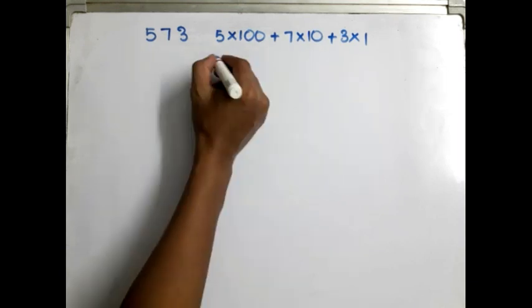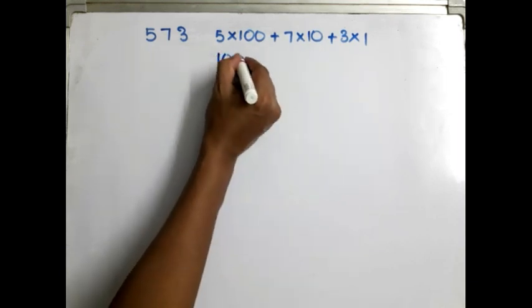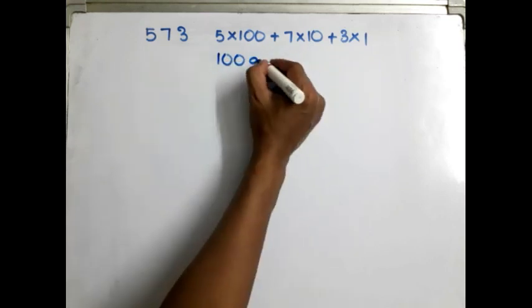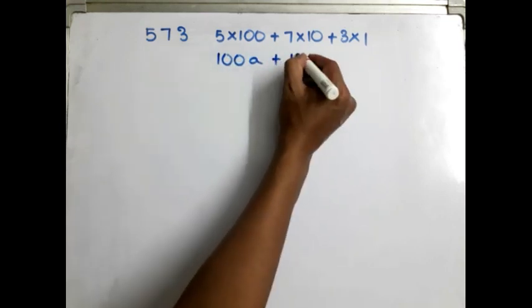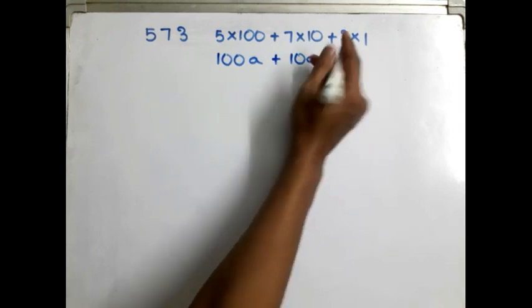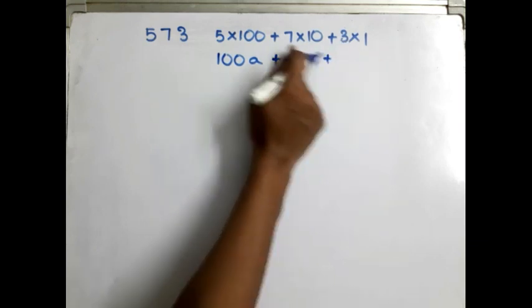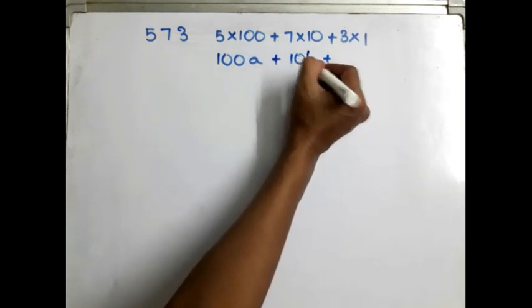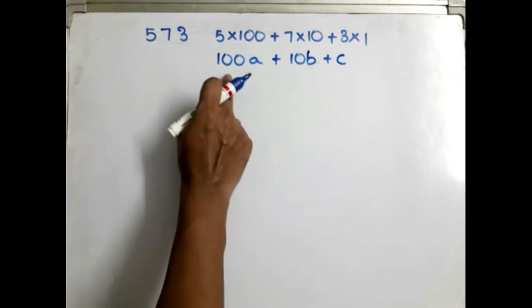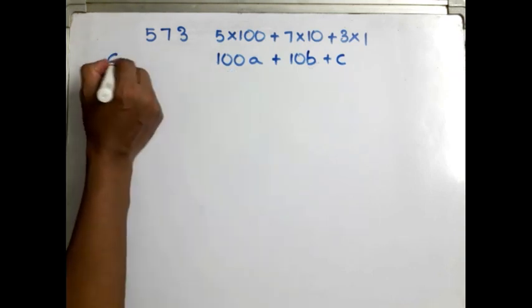So the general form we can take as 100a, that means the value of 5 is given to a, plus 10b, sorry, b not a, because 7 is different, isn't it? So here it is b and the third variable c. Okay, so this is the general form of a 3-digit number.